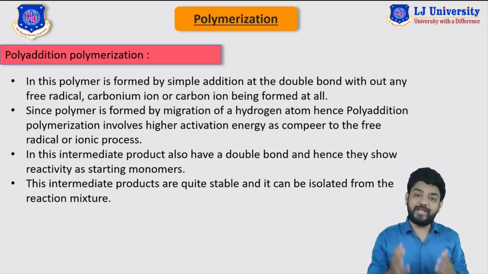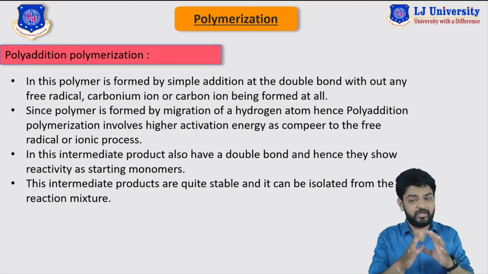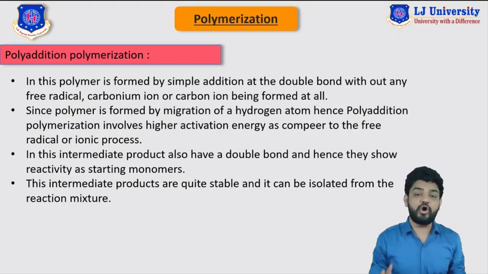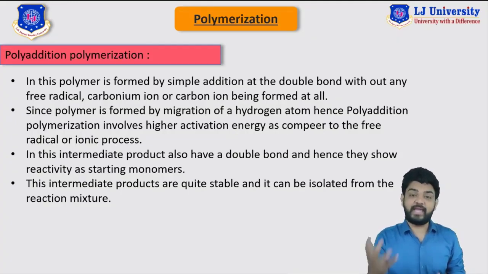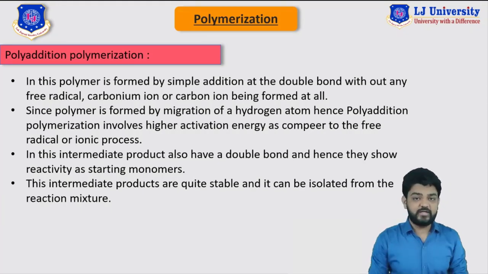But in this polyaddition polymerization, we are not going to need any type of free radical or ions, right? Or even any catalyst. What will happen is directly with the supply of some amount of energy, this hydrogen atom will migrate into the another monomer, right? So this is what we are going to do in this polyaddition polymerization technique, right?